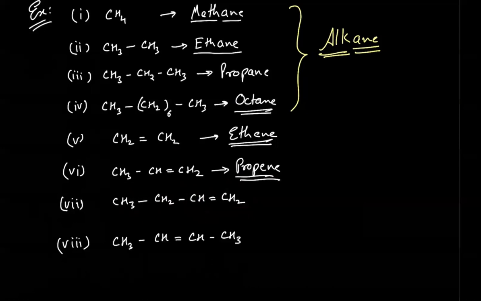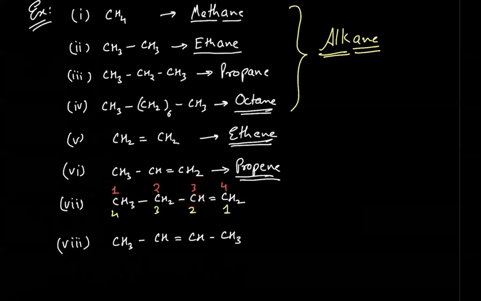So there are two ways to number this. If you number from the left hand side, you have 1, 2, 3, and 4. And there's another way where you have 1, 2, 3, and 4. Now, how to choose the number is, see, if you take the top numbering pattern, the double bonded carbon comes at number 3.